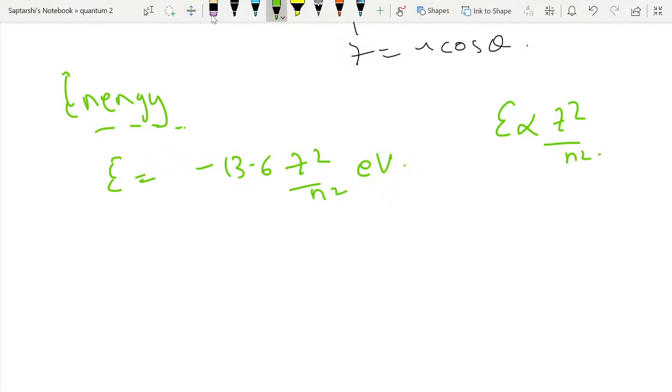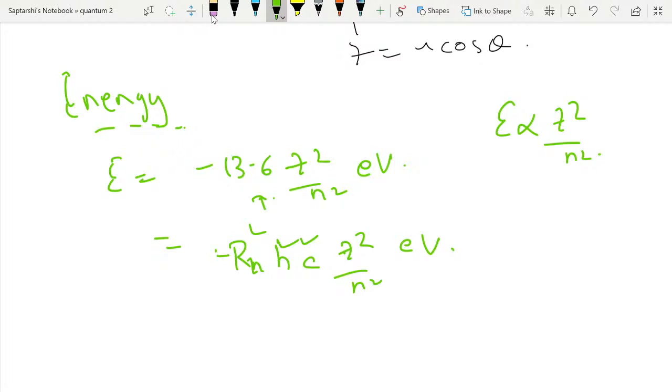Or it can also be given in the form of the Rydberg constant, minus R H C, where H is the Planck constant and C is the speed of light, times Z square by N square. So actually Rydberg constant into H into C is 13.6 electron volt, right?